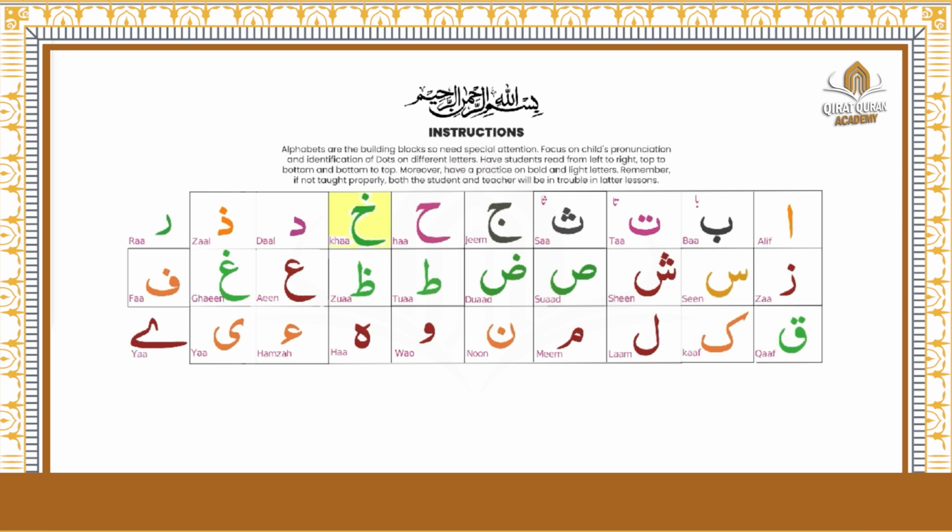The first one is kha, then ra, then swad, then dad, ta, za, ghain, and qaf. So these are the letters we have to read bold. Whenever we read these letters, we have to make a bold voice.